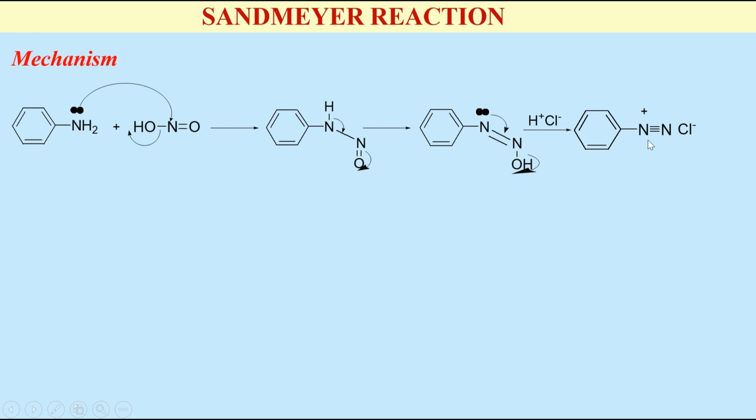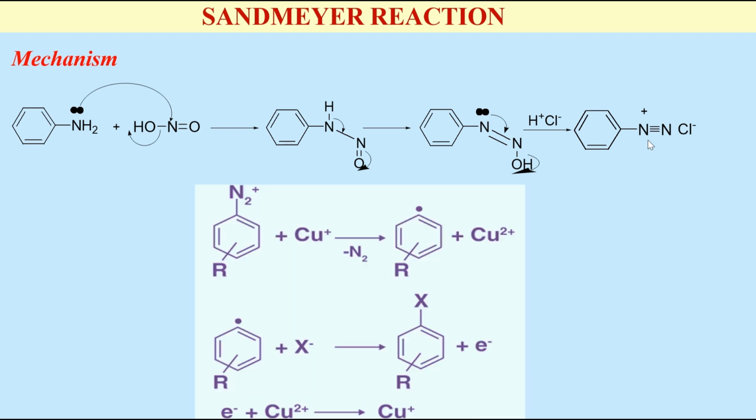This aryl diazonium salt reacts with cuprous halide to give rise to the corresponding aryl halide. Here there is N+ that I represent as N2+. It reacts with Cu+, and it loses nitrogen. Once the electron is taken away from this, I get an aryl free radical and Cu2+ ion. The aryl free radical reacts with the halide Cu+ X-.